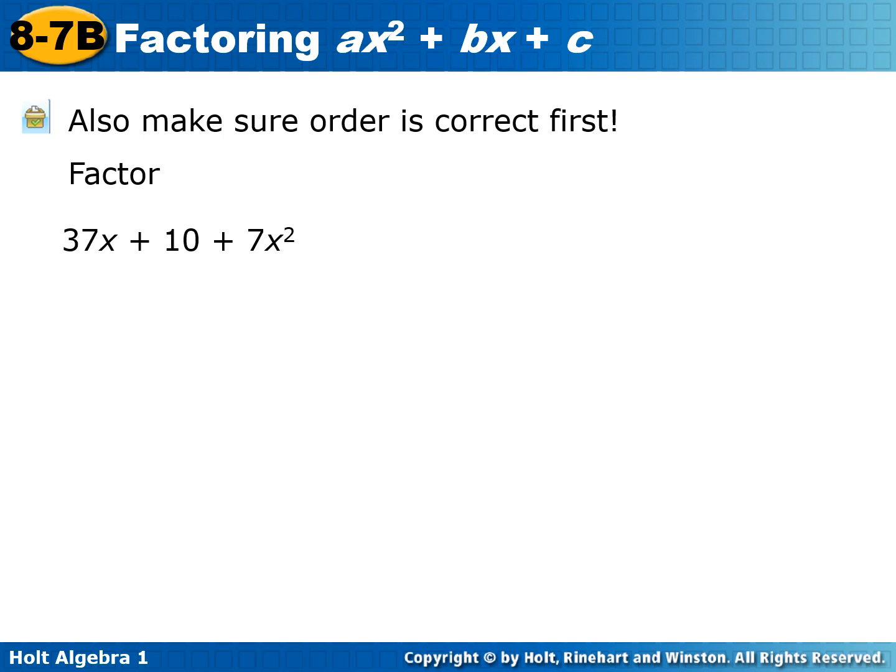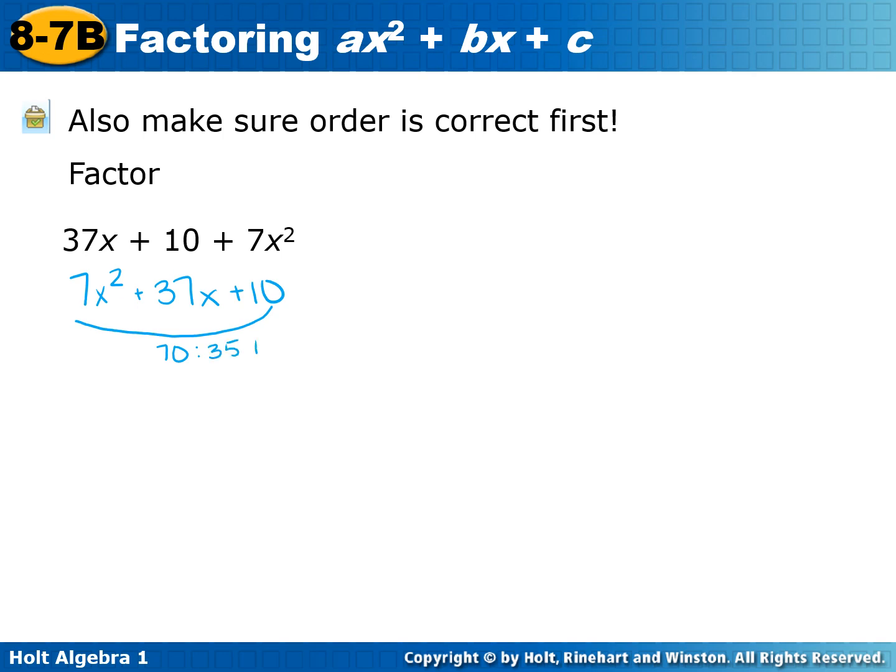All right. Problem with this one is that it needs to be in standard form, so we're going to have to rearrange it. 7x squared plus 37x plus 10. All right, I got to multiply a and c together, and that is 70. Factors of 70 that add up to 37.